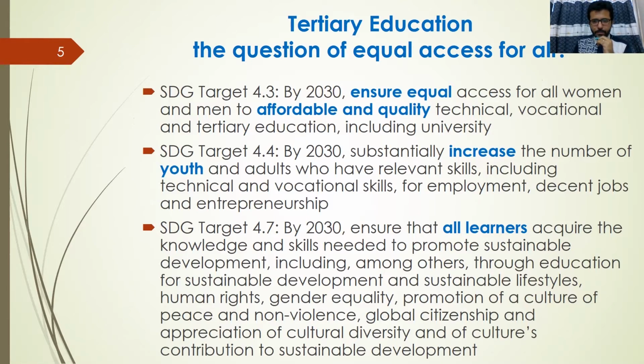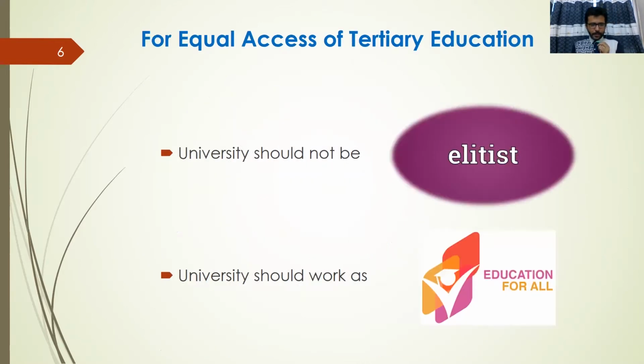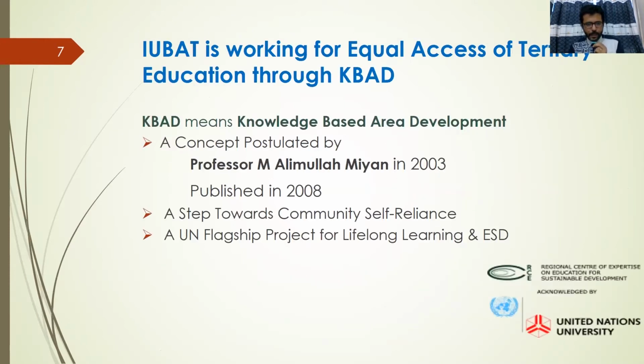So there should not be any kind of discrimination in tertiary education. The university education should not be elitist. It should be education for all. That should be the working direction.